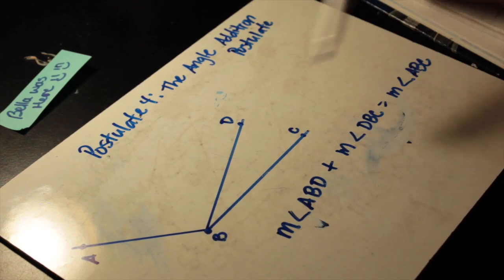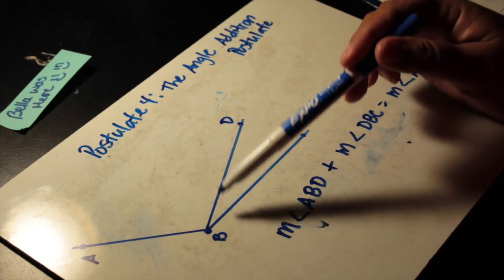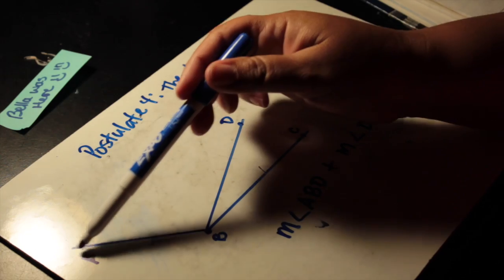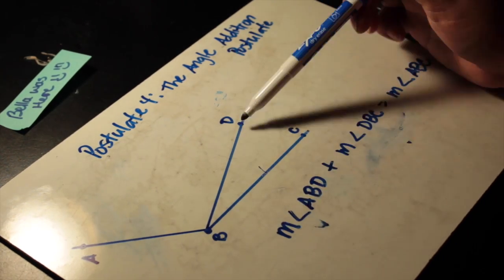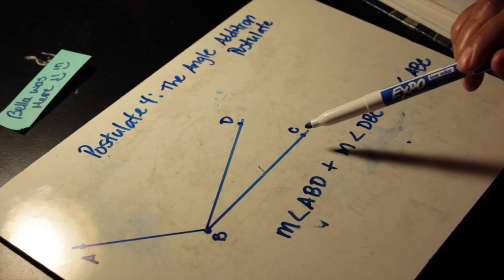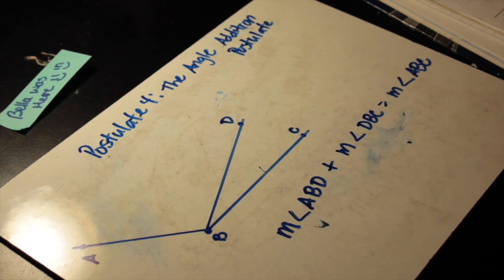This postulate just says if there's an angle inside of a bigger angle, the two angles added together will equal the size of the whole thing. I hope that makes sense.